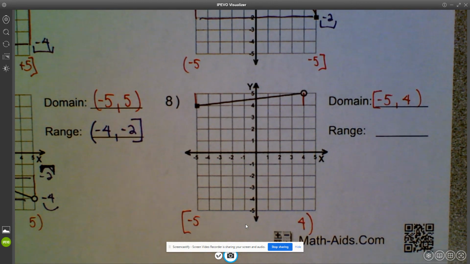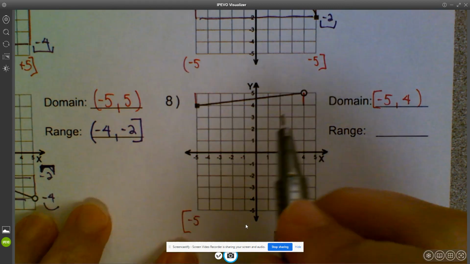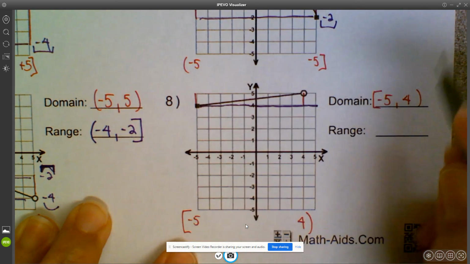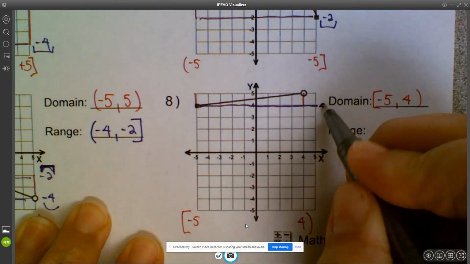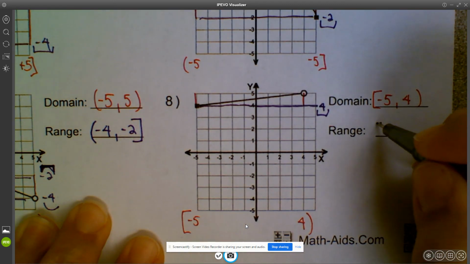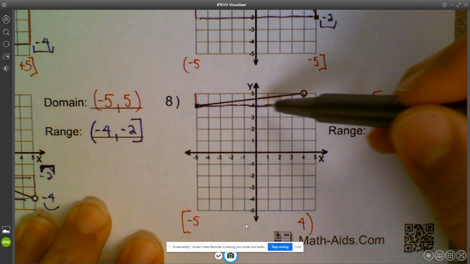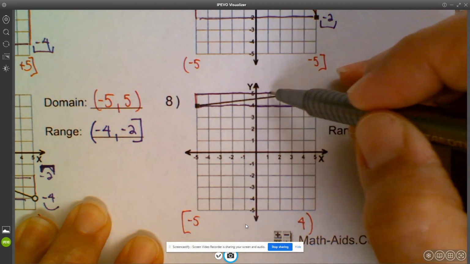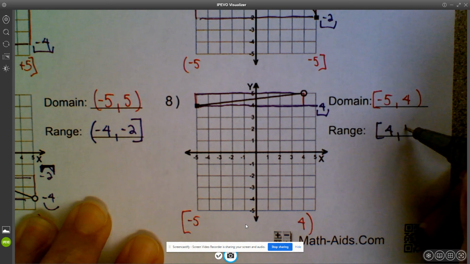The range deals with the height of my graph. How low does my graph travel? Well, it travels all the way here to where y equals 4, and we include the 4 because we've got a closed circle. And how high does this graph go? It's going to go all the way up here to where y equals 5.